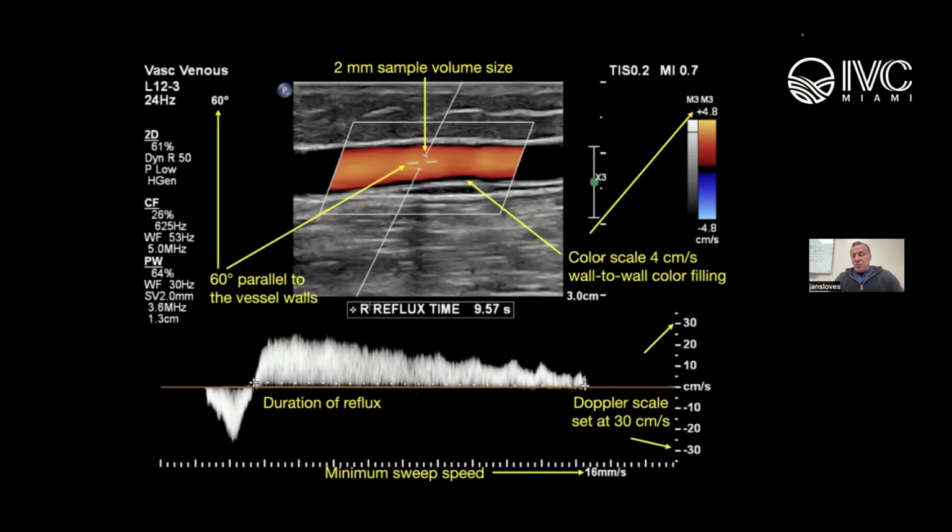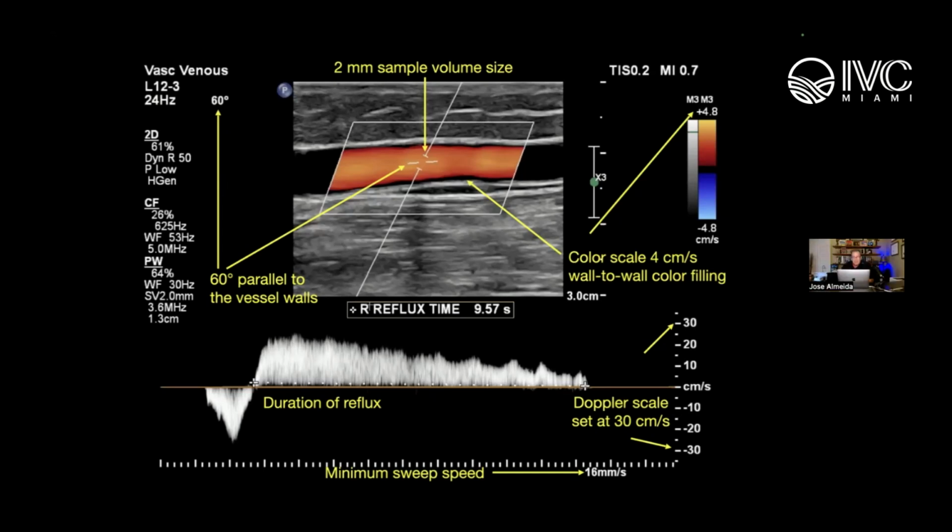The minimal sweep speed was used. On the scale, you can see the baseline is in the middle of the spectrum, and we have 30 on either side. So again, we don't have this waveform wrapping around the baseline. It's clear and precise, exactly depicting 9.5 seconds of reflux.